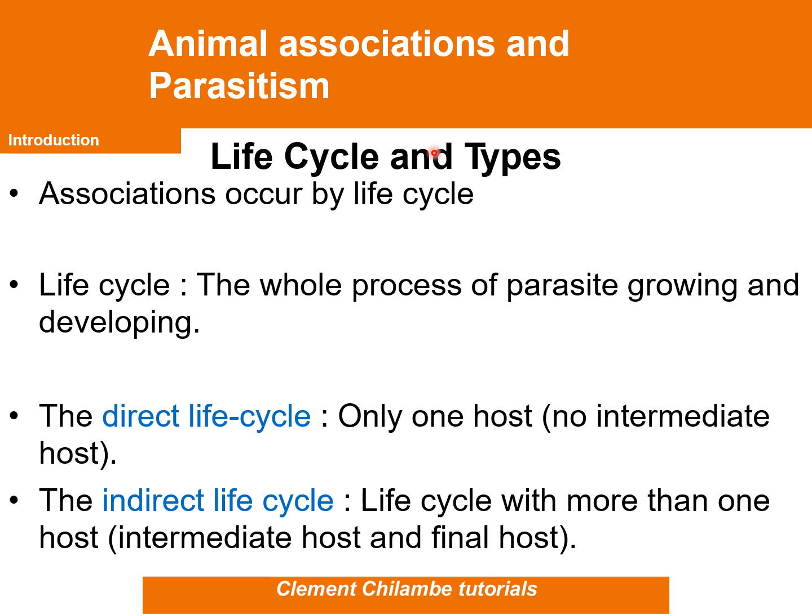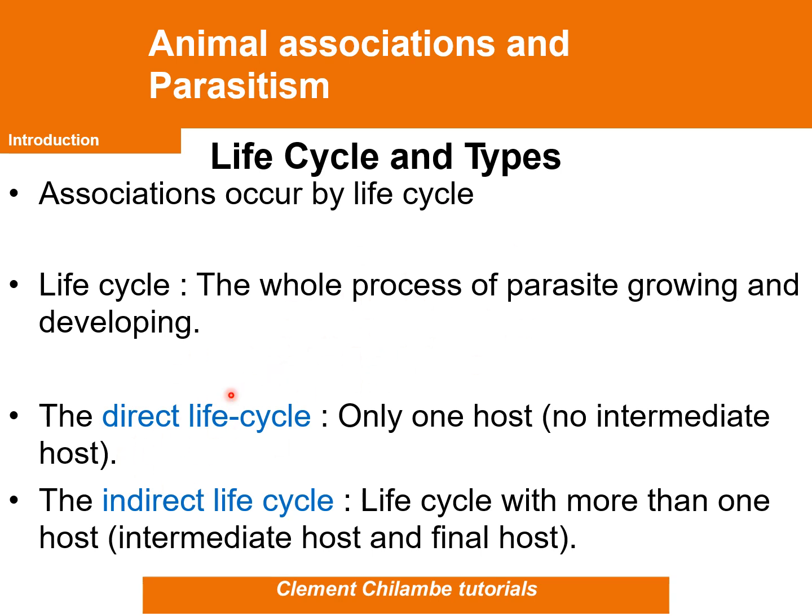Now let's lastly discuss the life cycle and types. So associations occur by life cycle. And what is the life cycle? The simple definition of a life cycle is the whole process of parasite growing and developing. The whole process is the key word.